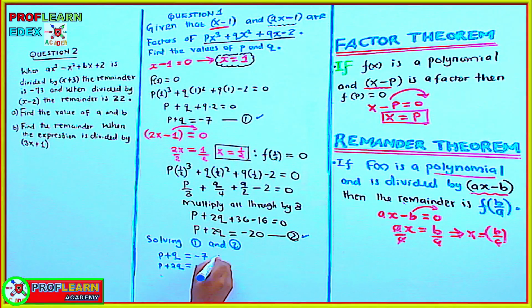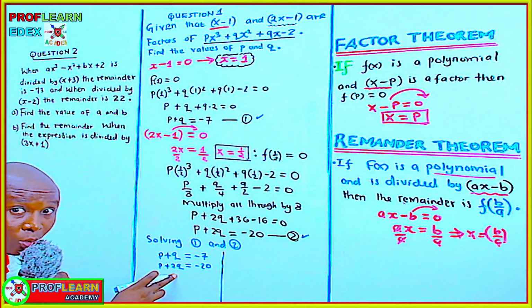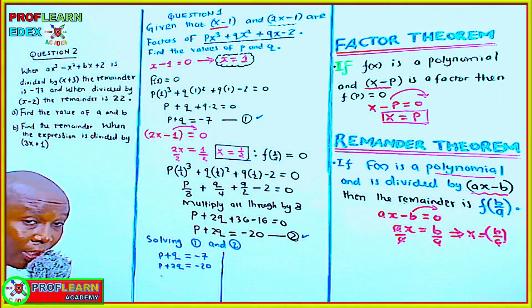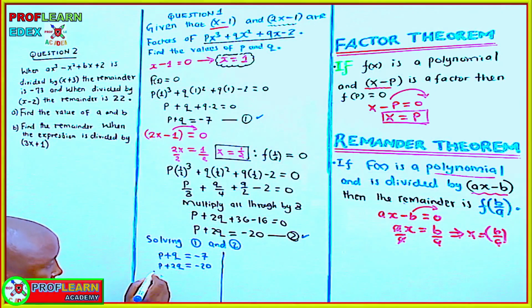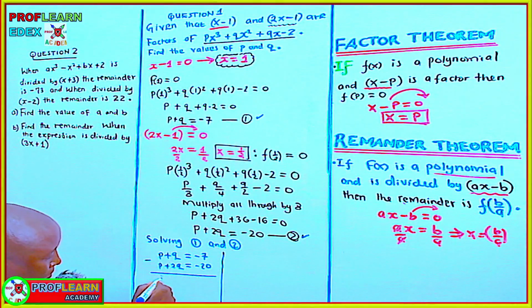And of course, in order to solve this, what I'm going to do here is to subtract the two equations, right? Now, subtracting the two equations, p minus p will run to 0, q minus 2q will be negative q.